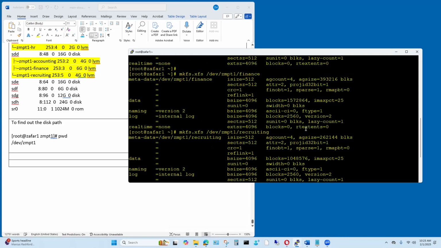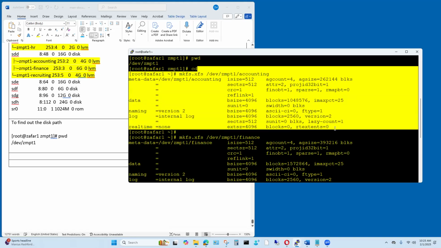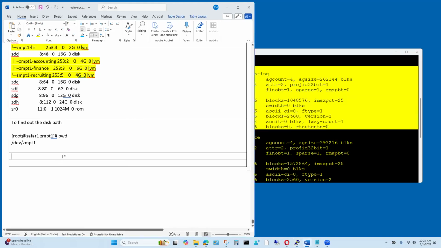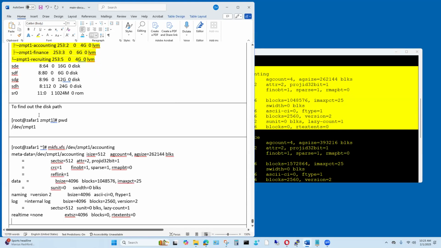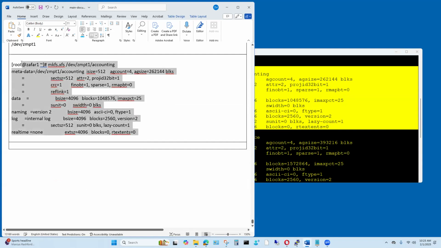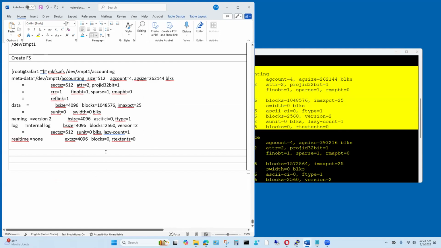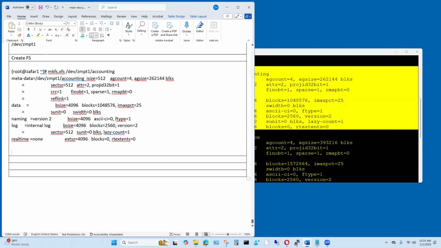All four done. Create file system. Above is a good output.